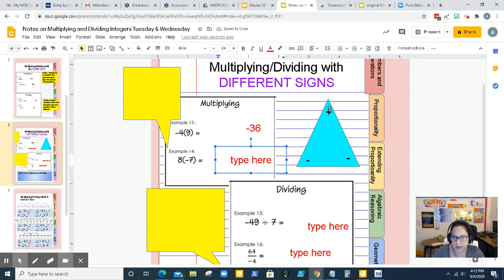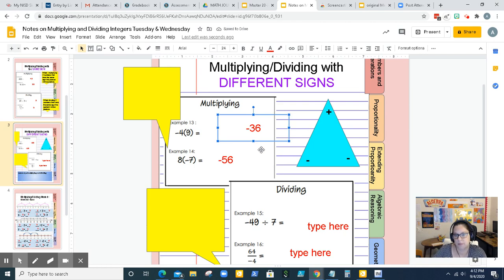A positive times a negative, or you could go this way. Positive times a negative is a negative answer. So -56. So summarize it.